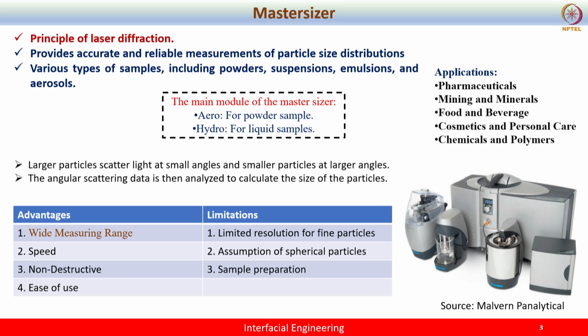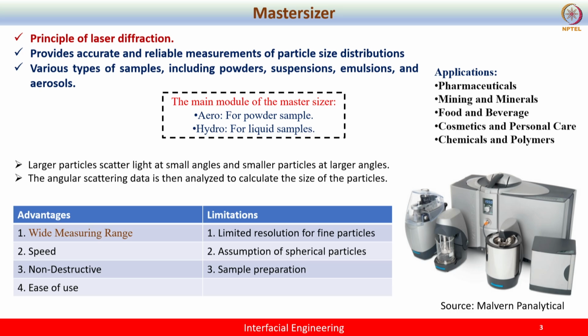So at different points, multiple wavelengths will interfere with matter, so it is very difficult to analyze the samples. That's why usually we employ laser for this diffraction application. So it provides accurate and reliable measurements. You can also do analysis for various samples like powder, suspension, emulsion, and aerosols and things like that.